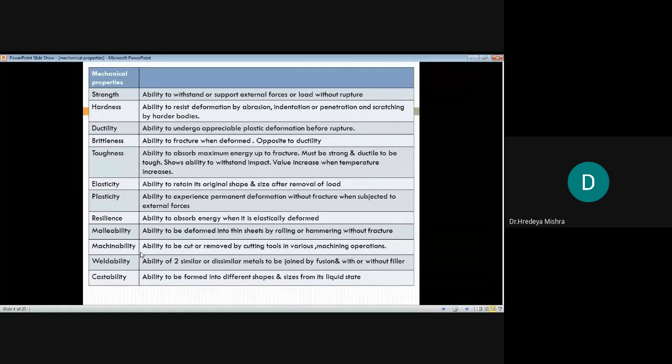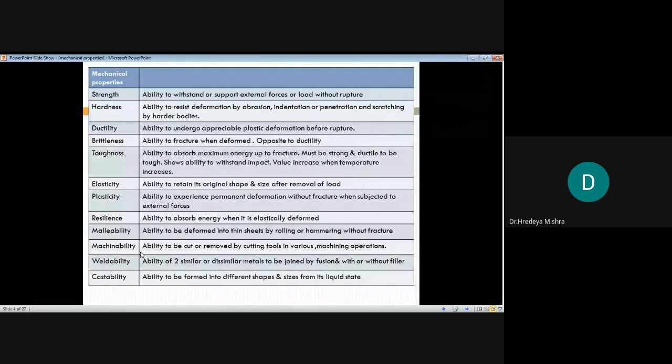Okay. Weldability. It is the property of welding. If by welding we can easily join two materials, then that has more weldability.